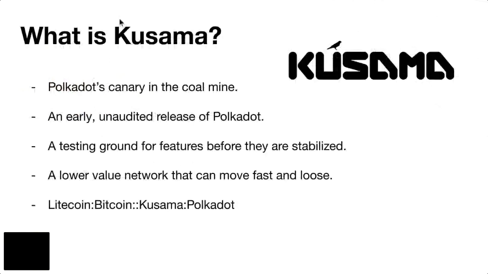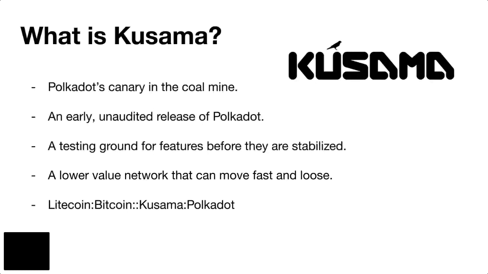So let's jump straight into what Kusama is, in case anybody doesn't yet know. Kusama is a canary network, and the name canary comes from the idea of a canary in the coal mine. Canaries were used in coal mines to give warning to miners in case there was some kind of poisonous gas inside of the mine.